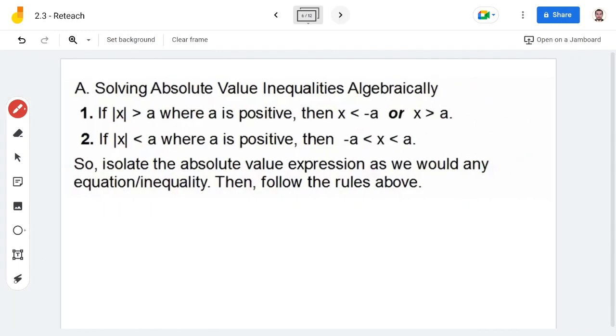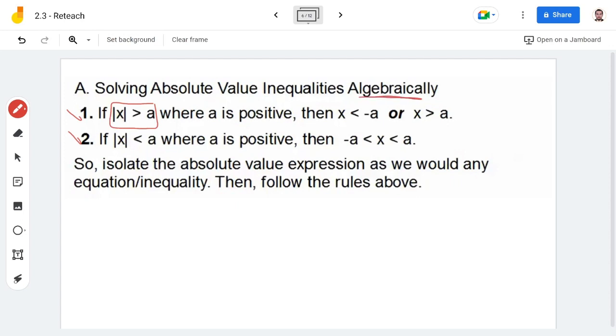Now, let's go to solving absolute value inequalities algebraically. First of all, this is very important. In the previous questions, we were doing them graphically.